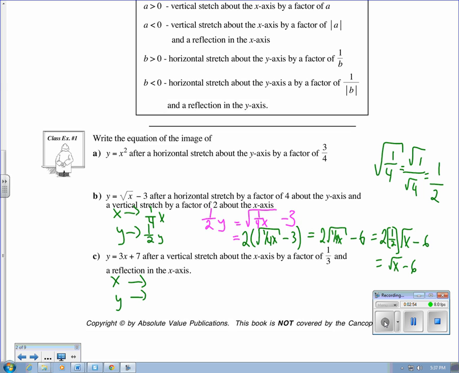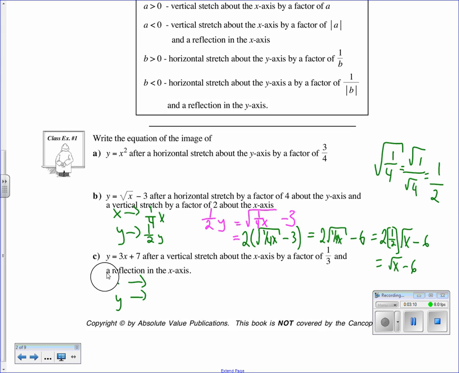Again, just setting up, looking for what happens to x, what happens to y, looking for that to happen multiple times. A vertical stretch about the x-axis is doing what? It's actually working on y, not x. So that vertical stretch is going to manipulate my y.